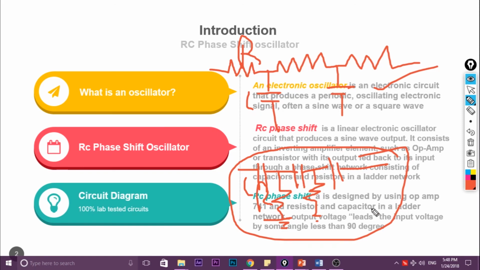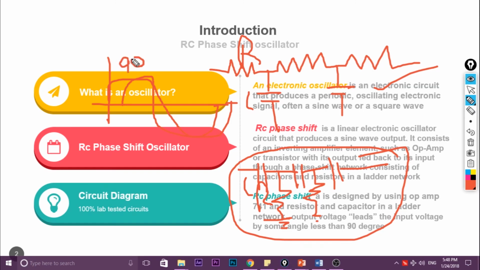In this RC phase shift oscillator, the output voltage leads the input voltage by 90 degrees, which means, like the voltage and current graphs you may have seen, there will be a slight difference, a phase shift.